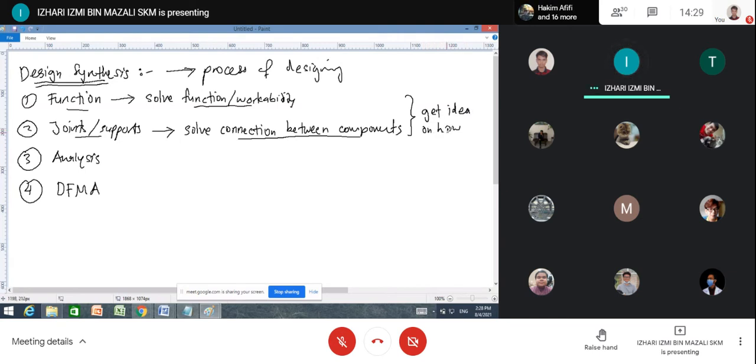But the improvement can be made later on. In this case, we just want to come up with one possible solution. Okay, so after you have conducted number 1 and number 2, you should already have one design or one solution.